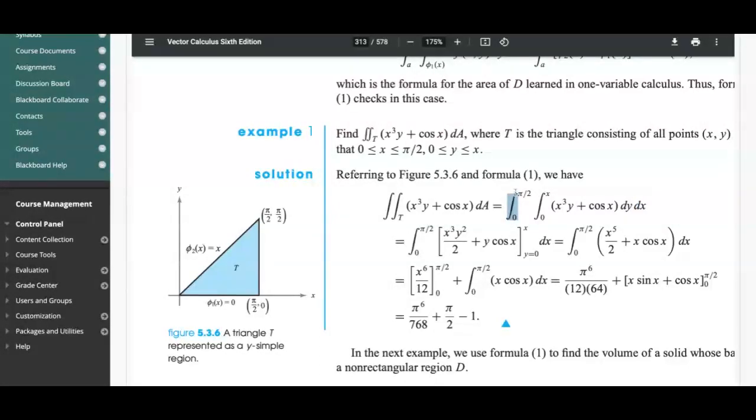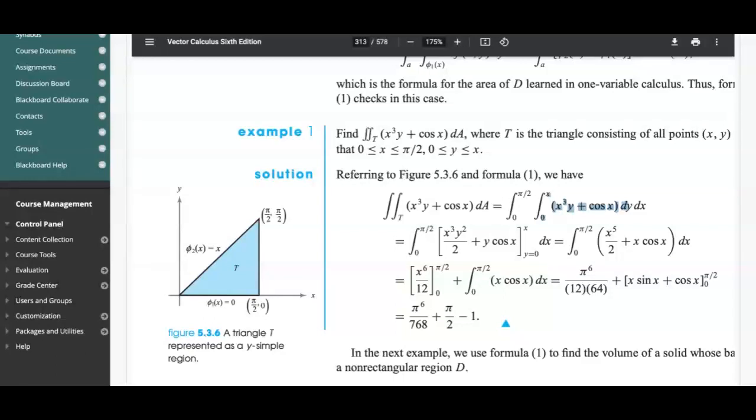Lower limit 0, upper limit pi over 2, so it's the outer layer. The one whose limit has a dependency, we set as the inner layer. So this is a crucial difference from before.